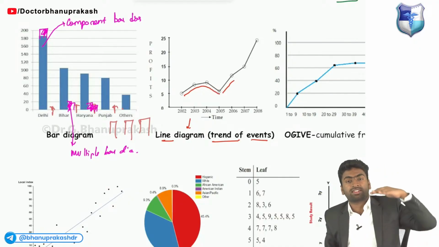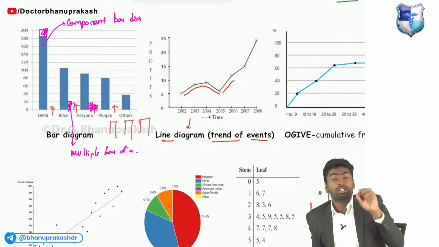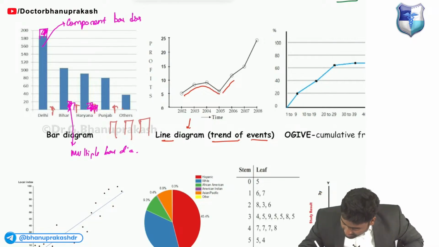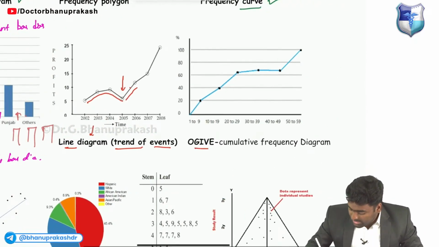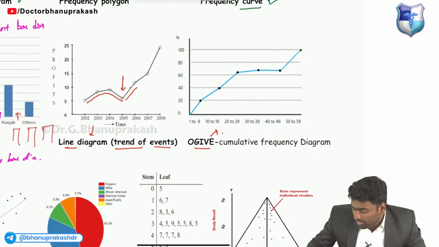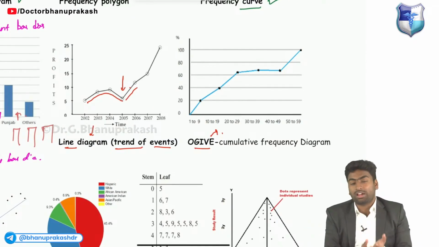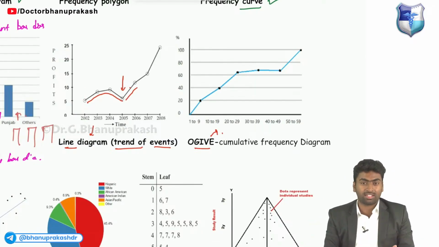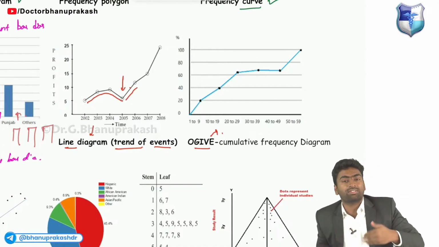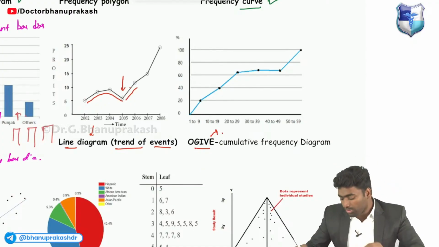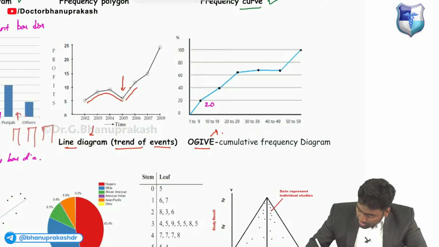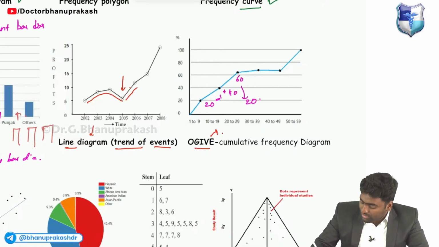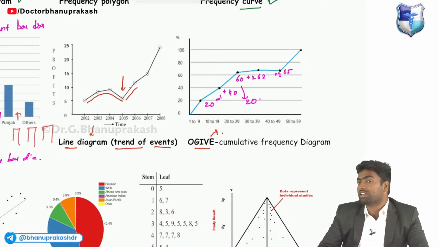The trend can go up and even go down, so that is the catch point. In a line diagram, this will go down, whereas for the ogive, remember it is cumulative. If 20 plus 40, it will remain as 60, it won't come down to 20 again. Then 60 plus 2 is 62, and 60 plus 3 more is 65, it won't come down to 20 or 40.